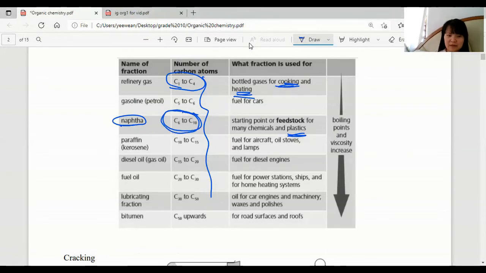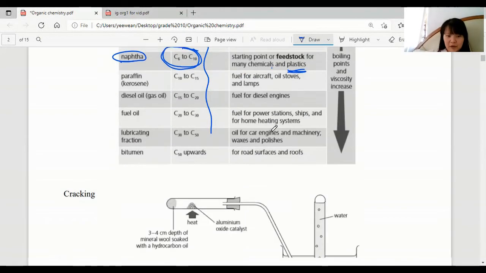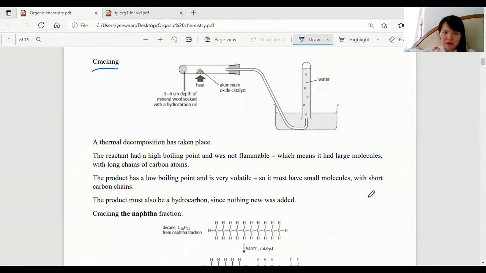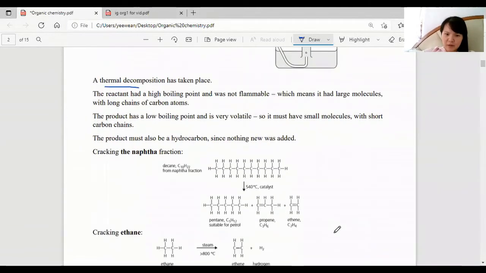Now to do that, we will run cracking. Therefore, cracking has a different function from fractional distillation. Cracking is one of a thermal decomposition reaction. What is this thermal decomposition? Thermal decomposition means, let's look at the equation here.